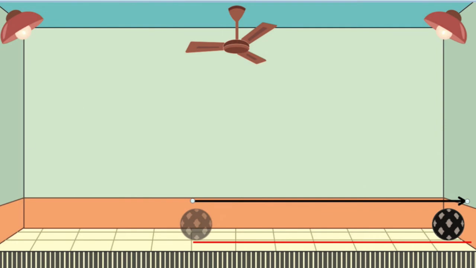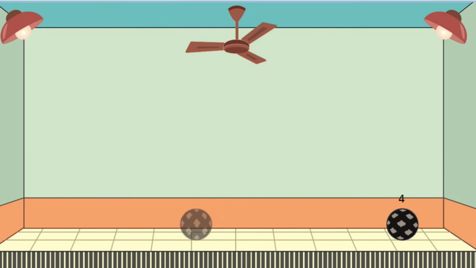But displacement? See, the ball comes back to position 4 and stops. Measure the length between the initial and this position, as this is the final position now. This length, I am showing by this arrow, is the displacement. Displacement decreases as compared to its maximum value. Again, the distance increases if the ball stops at position 3, but the displacement still decreases.